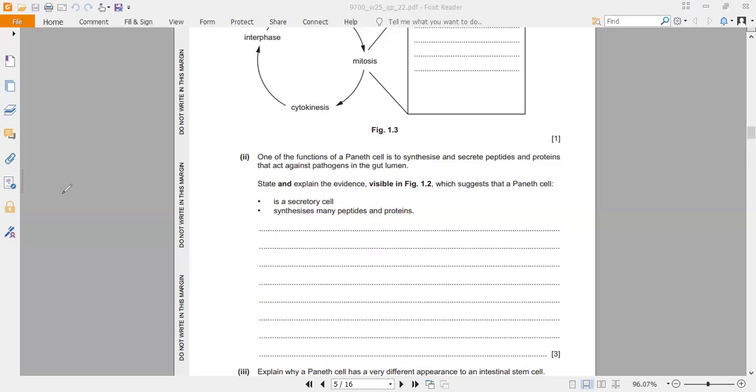We can also talk about the prominent Golgi apparatus, which modifies and packages these proteins into the vesicles. The evidence for synthesizing many peptides and proteins is an extensive network of rough endoplasmic reticulum. The rough endoplasmic reticulum is covered in ribosomes, which are the sites of protein synthesis. A large amount of rough endoplasmic reticulum indicates the cell is dedicated to producing a high volume of proteins for export.